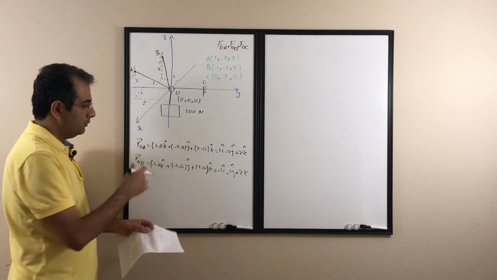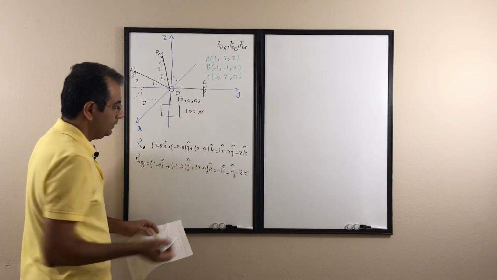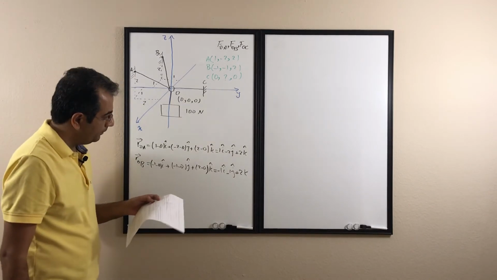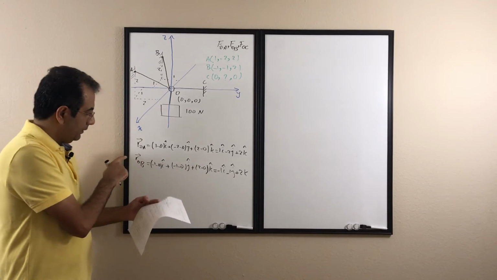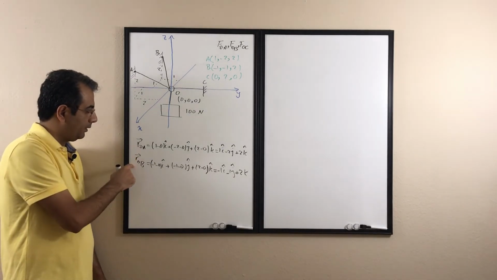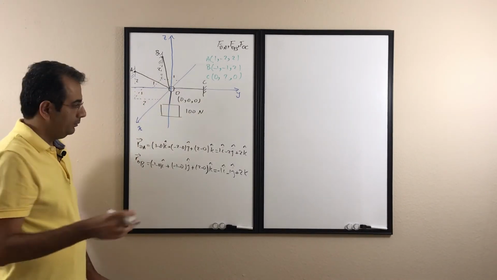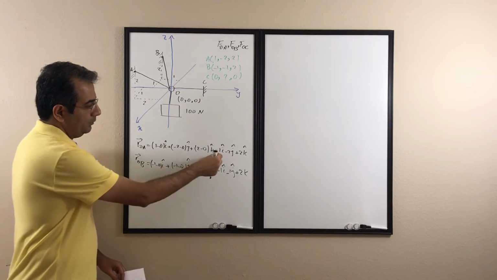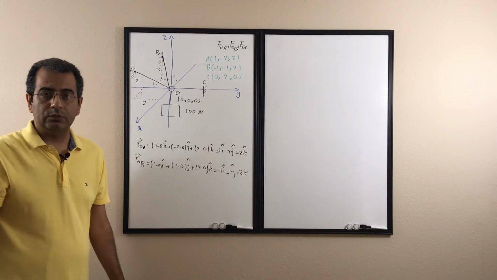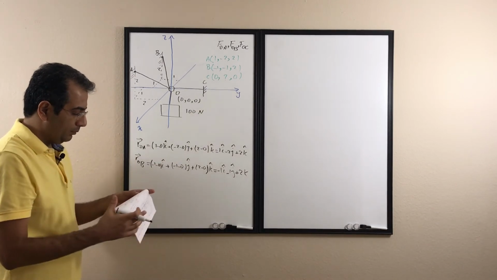And if you are comfortable with doing it, you can just skip this step and directly write that part from the beginning. So these are the position vectors along OA and OB. And we also know that if we square all the components, add them together and take the square root, that is the magnitude. So I'm going to skip that part.